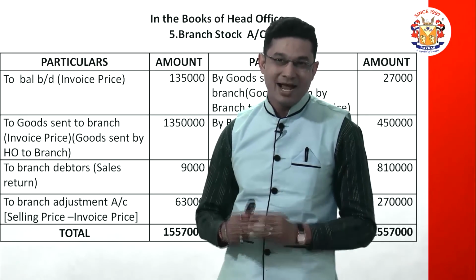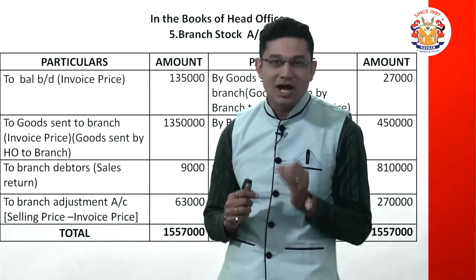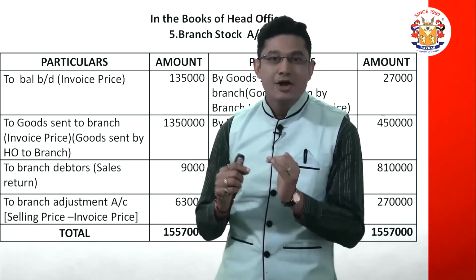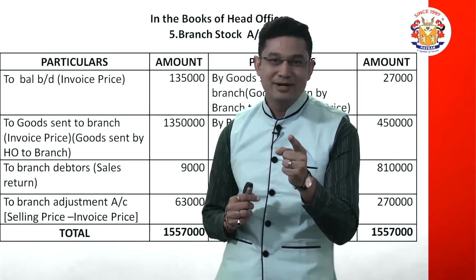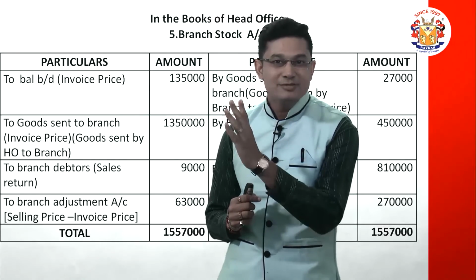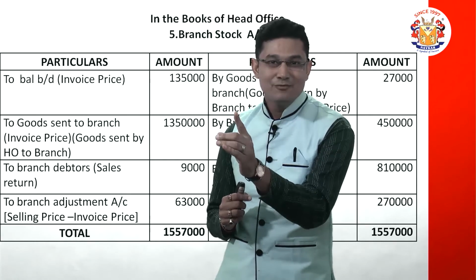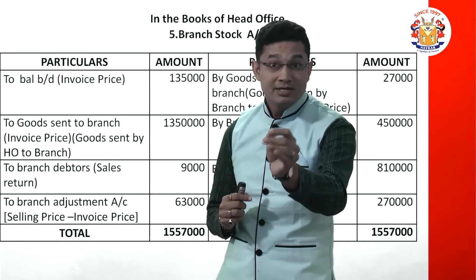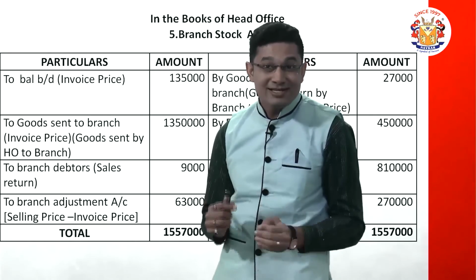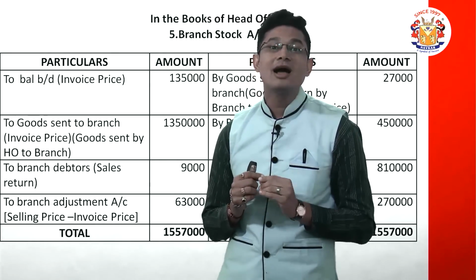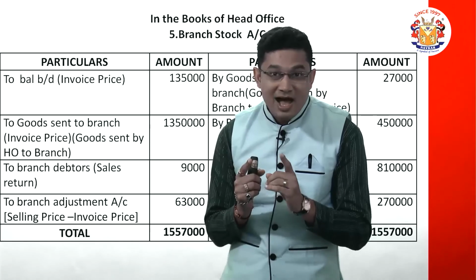The difference on the debit side of branch stock account will be known as normal profit made by branch, which is the difference between selling price and invoice price, not the difference between selling price and cost price. Mind well. This difference in branch stock account will be transferred to branch adjustment account.